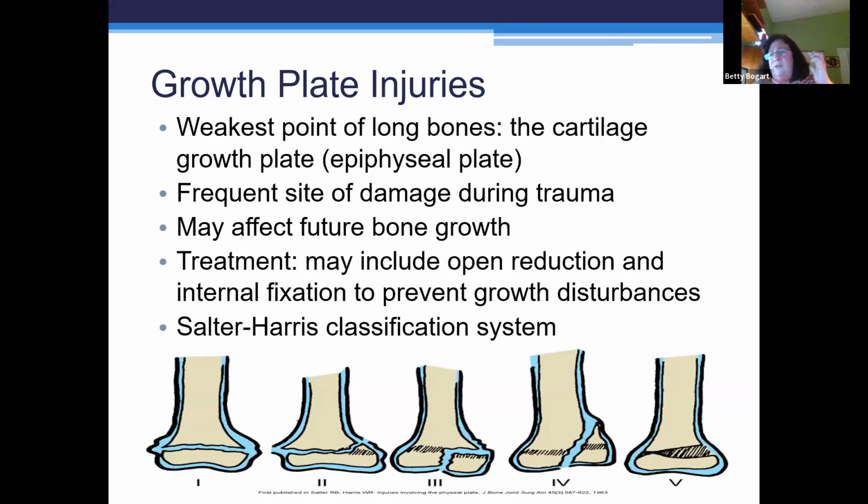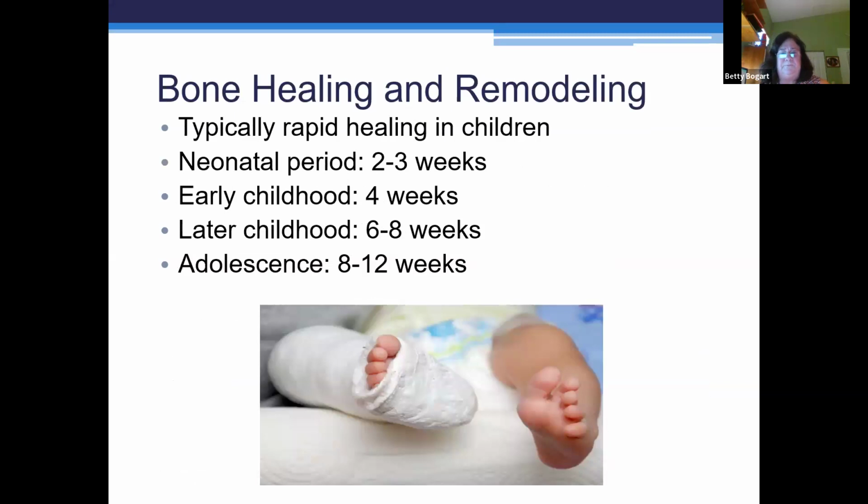They put screws and pins. They want to get that lined up perfectly, or you're going to have a crooked arm, a crooked finger, a crooked leg, and it's going to be shorter than the other one. So, very important. Growth plate fractures involve the epiphyseal plate, and that's in the end of the bone.